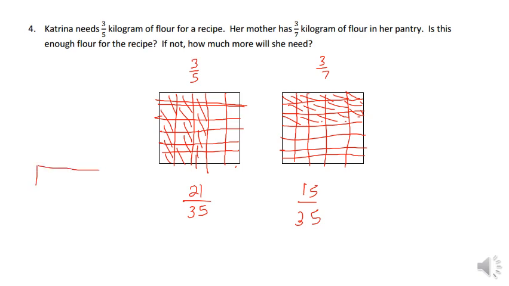Okay? Now, I'm going to do a diagram here. And I know the total here is what she needs, which is 21 35ths, because that was equal to 3/5 kilograms. She has 15 35ths.